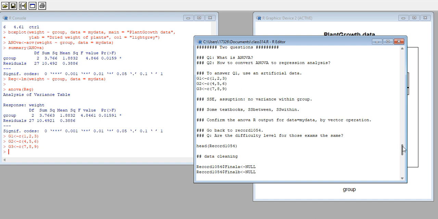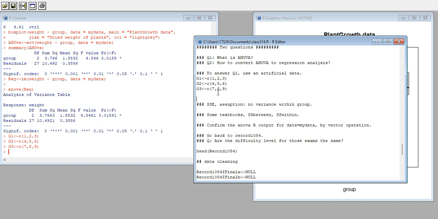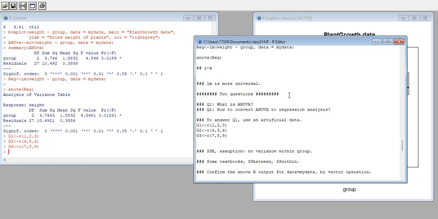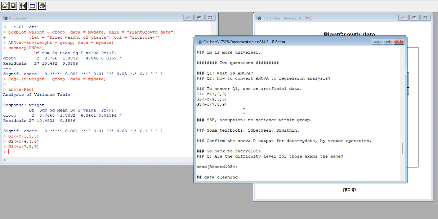Let's skip this. Yeah. So you can use R to do those calculations. Maybe we put this data, let's say, in a data file, then use ANOVA. Okay, we use AOV, we can get the same result.